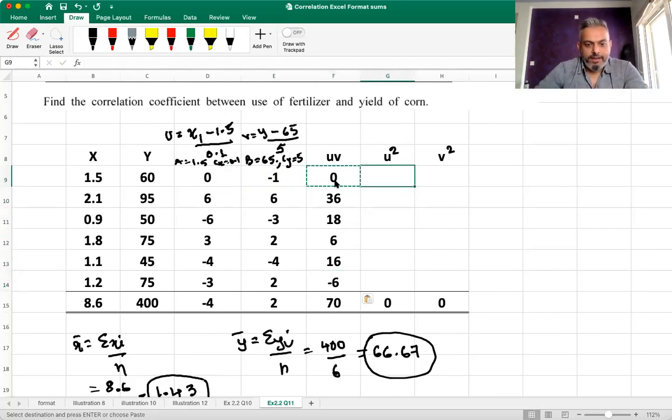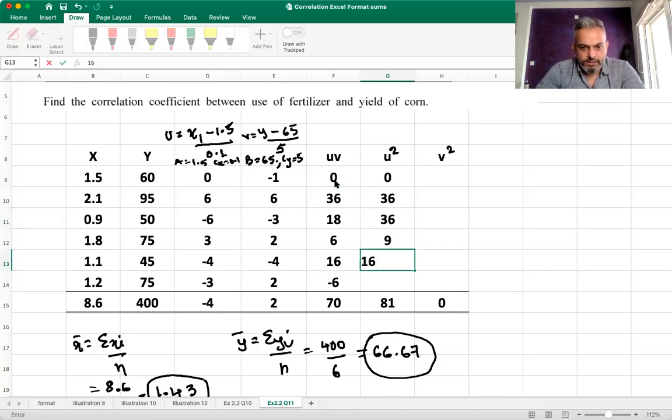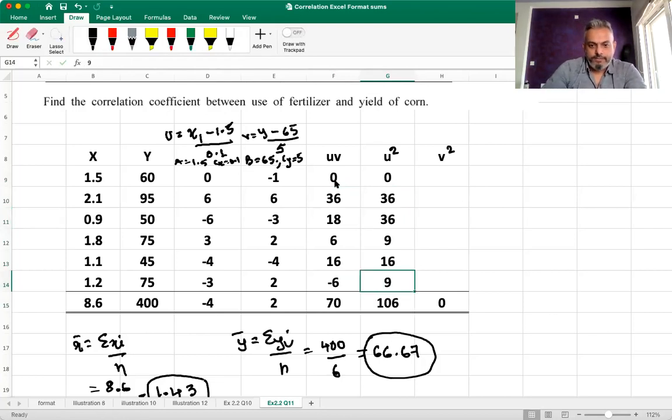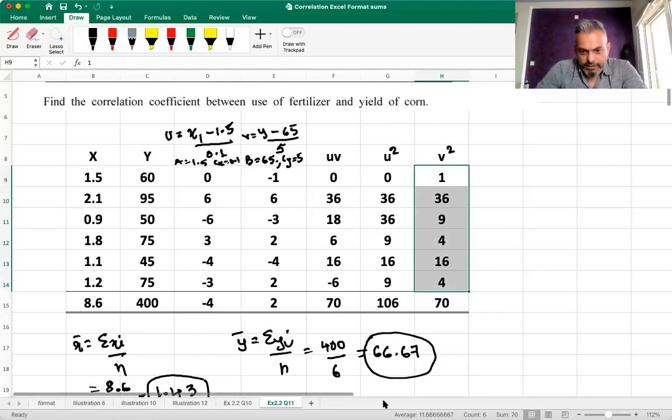U square: 0, 36, 36, 9, 16, and 9. V square: 1, 36, 3 threes are 9, 2 twos are 4, 4 fours are 16, again 2 twos are 4. Please check the totals. If there is any error, then check it out.